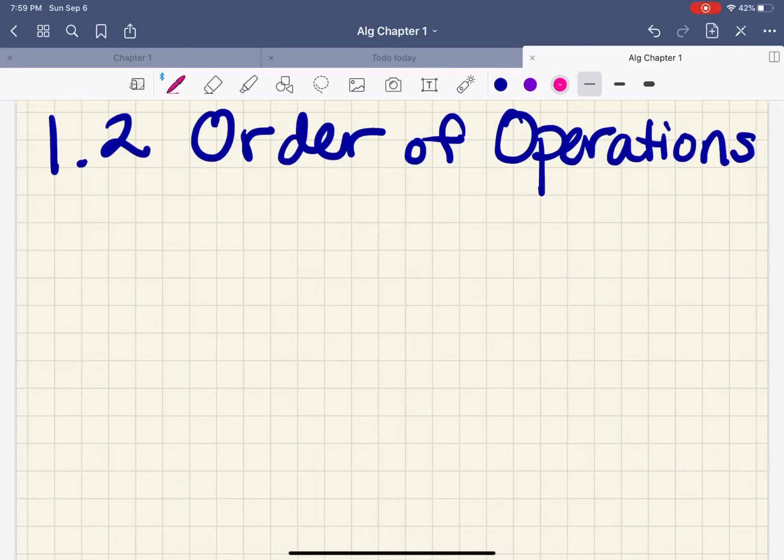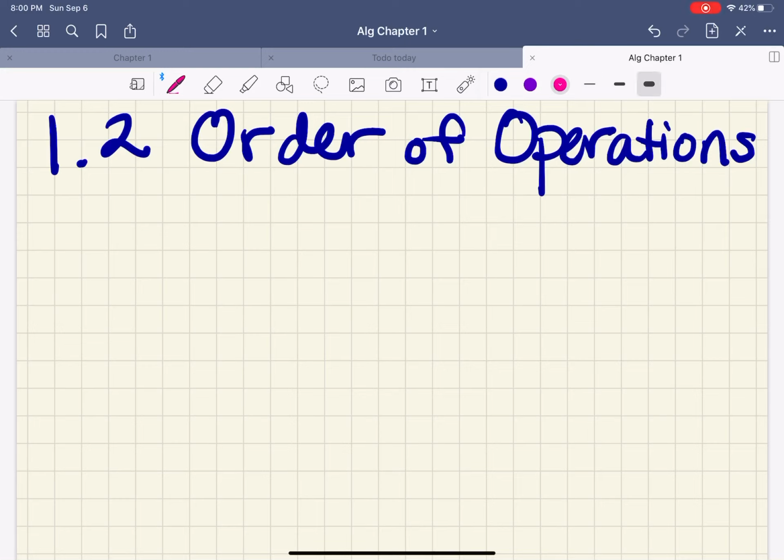Hey there, welcome to section 1.2, Order of Operations. This is something that you have had experience with in the past, so I'm hoping that this is going to be more of a review. What you might know it as, if you aren't sure what Order of Operations is, is something like, please excuse my dear Aunt Sally.